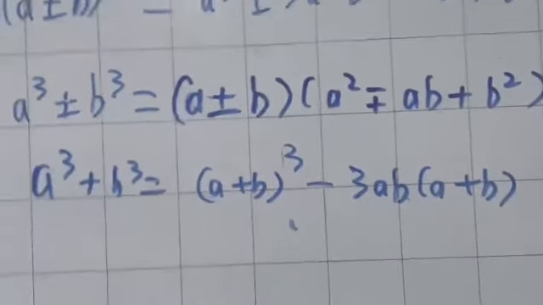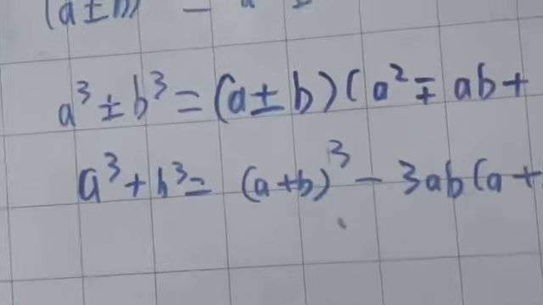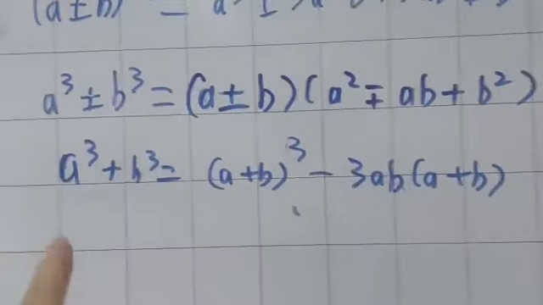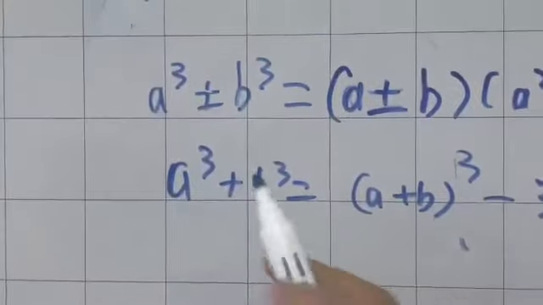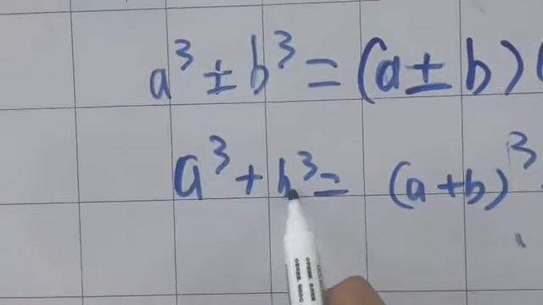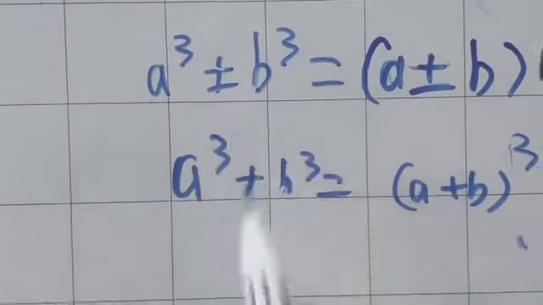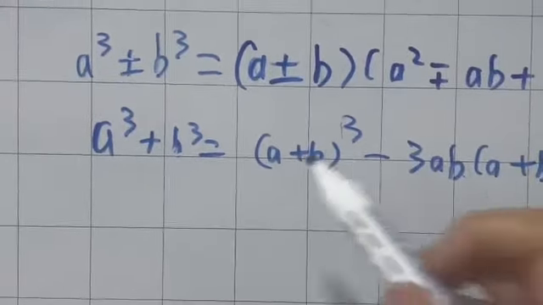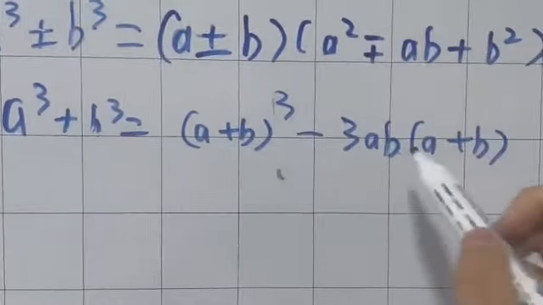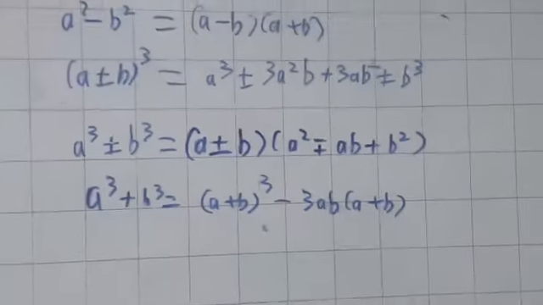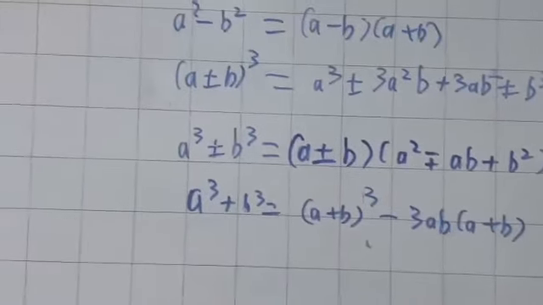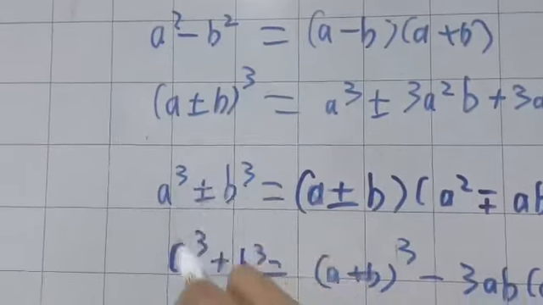And there's also an extra one, the very new one that I'm going to use here. There's another way to express a cubed plus b cubed, which is equal to (a plus b) cubed minus 3ab times (a plus b). The way you prove this is that you go back to the formula for (a plus b) cubed.